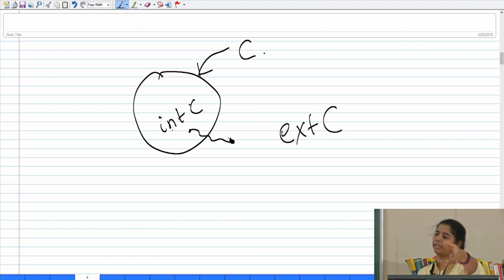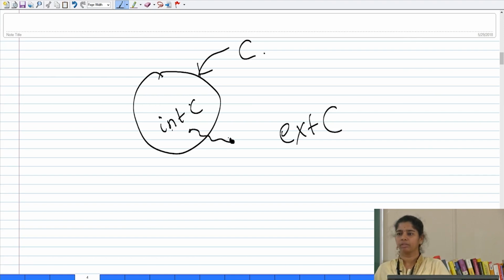So, if I want to translate this into graph language, how do we do it? If I have a planar graph, the edges of the planar graph divide the plane into 2 regions. One will be the interior of the boundary that it is covering, and the other is the exterior, and the boundary itself, the edges.